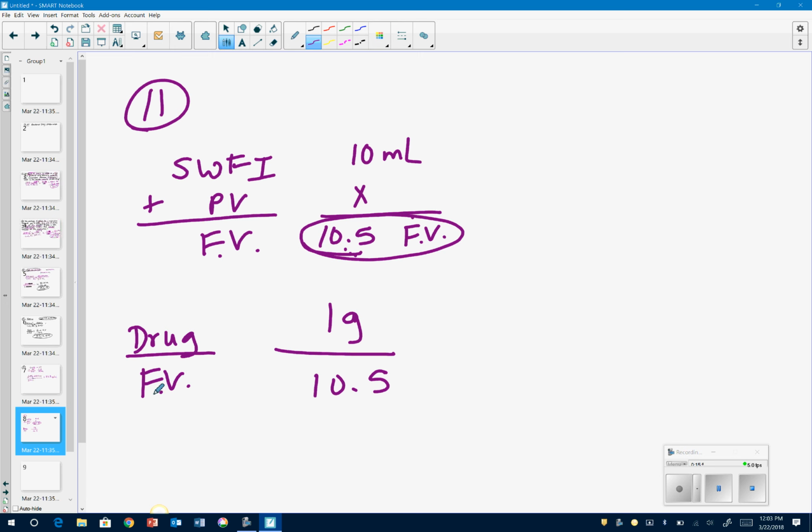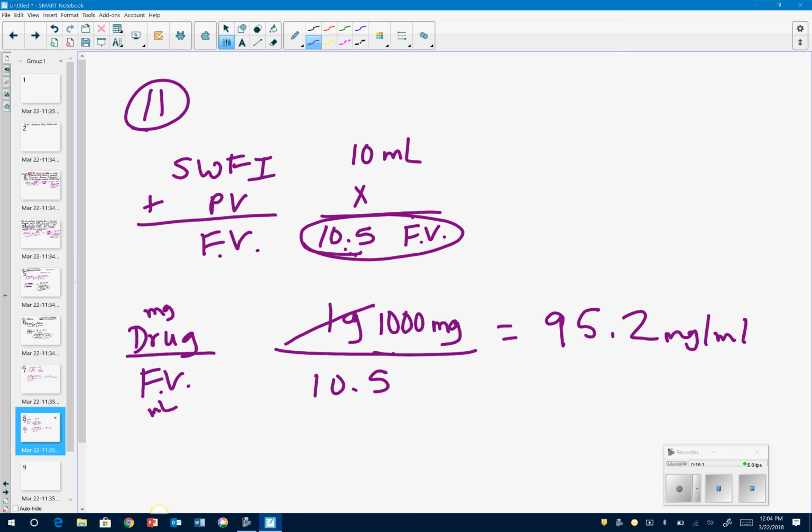Just remember your drug has to be in milligrams, and this has to be in milliliters. So 1 gram, when you convert to milligrams, you times it by 1,000. So 1,000 divided by 10.5 equals 95.2 milligrams per milliliter. So the concentration of the powdered methoxin is 95.2 milligrams per milliliter.